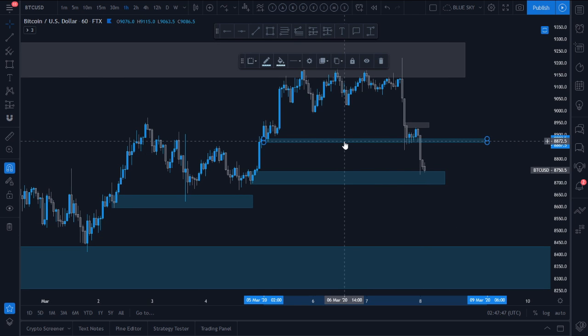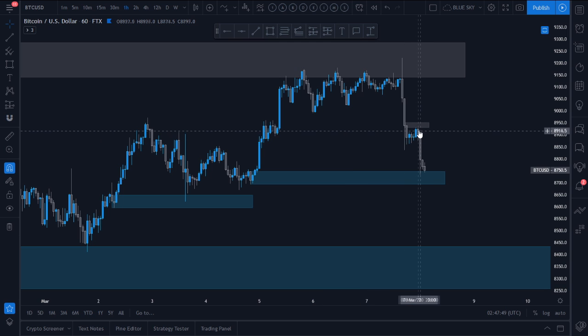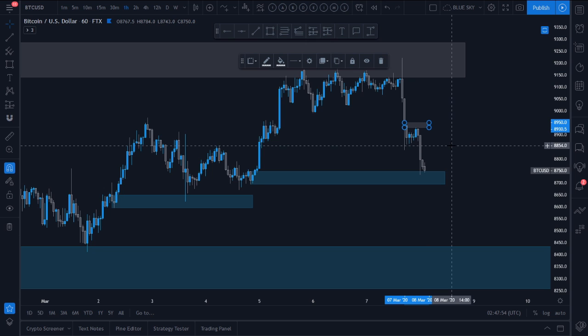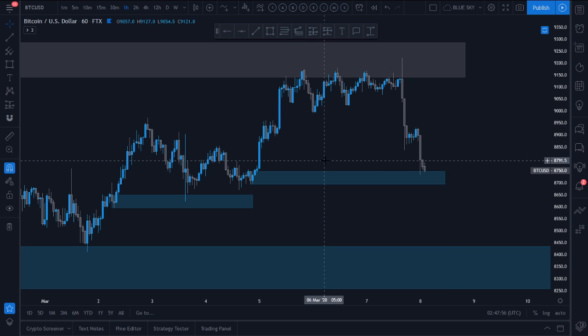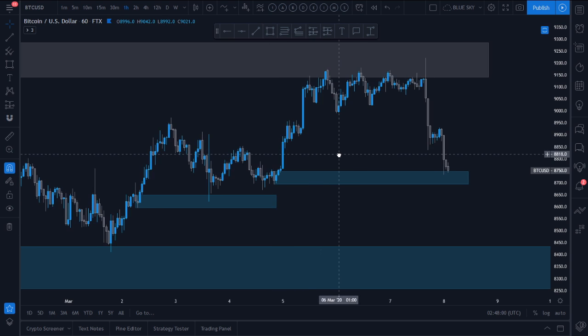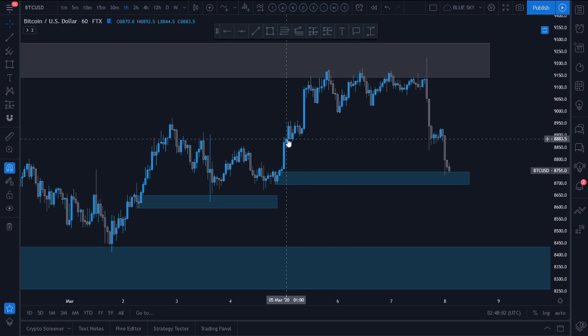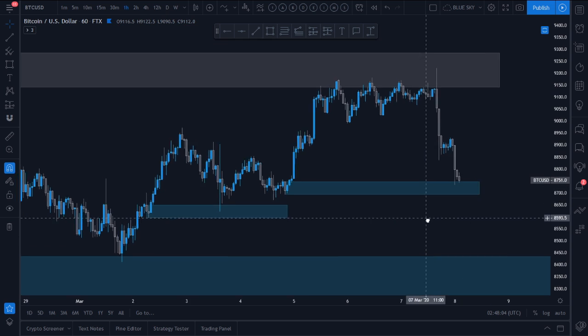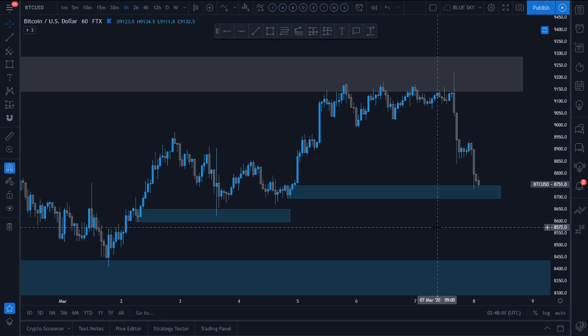So this has been invalidated here from a supply and demand perspective. It can still act as support and resistance, but in this video I only wanted to look at supply and demand, okay?